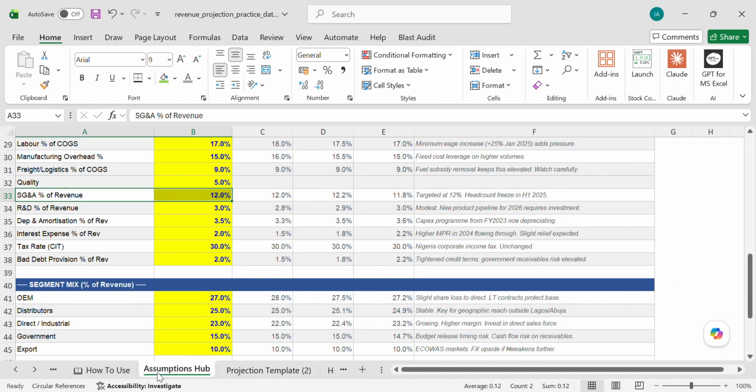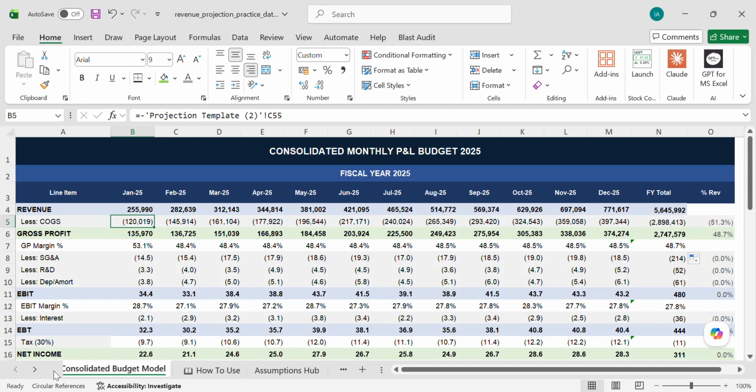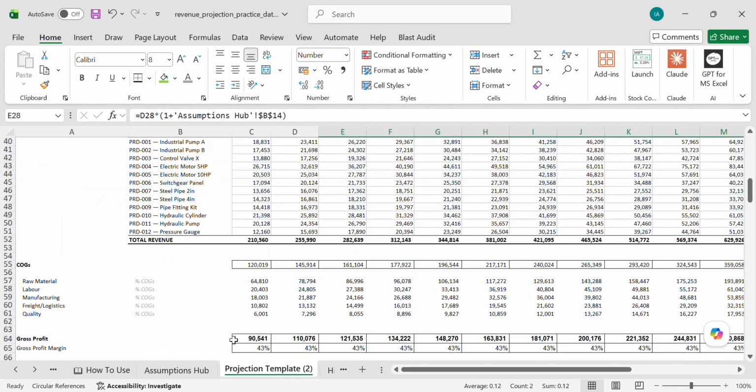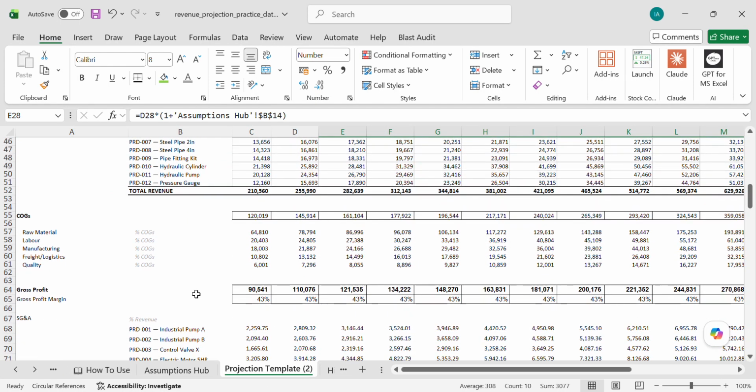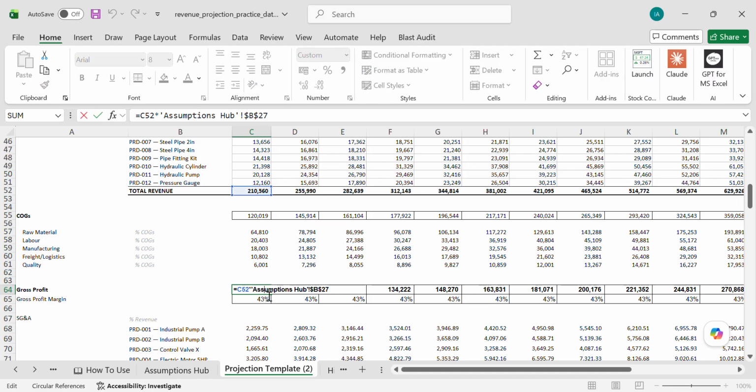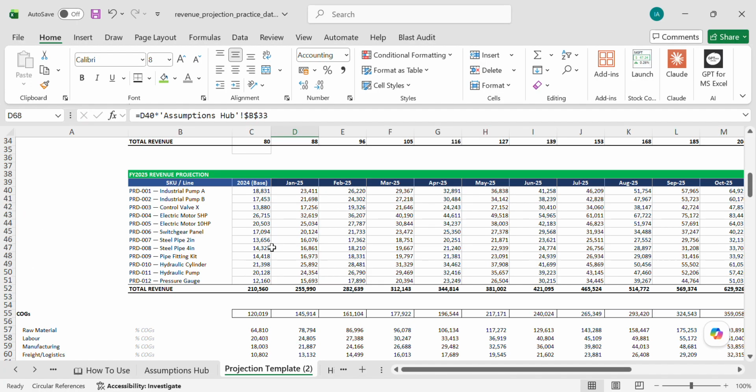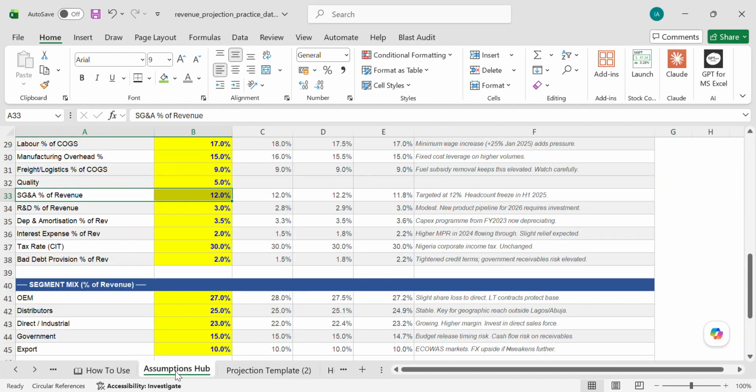Gross profit. What's our gross profit here? Gross profit is 155. Let's go back to, okay, this is gross profit. Or what am I doing? Go back there.